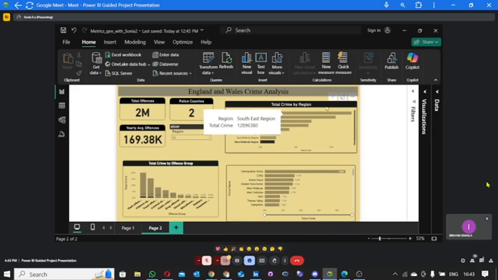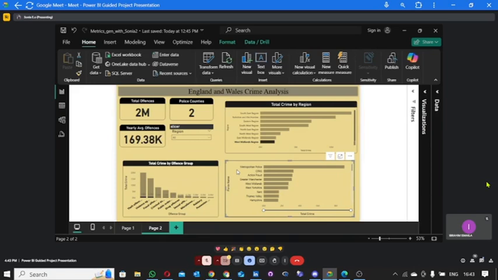So they can move some of the police officers to those areas, allocate more money to creating more police stations, and find effective strategies to reduce crime in those areas.